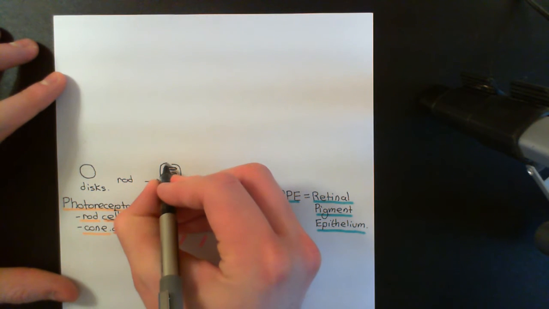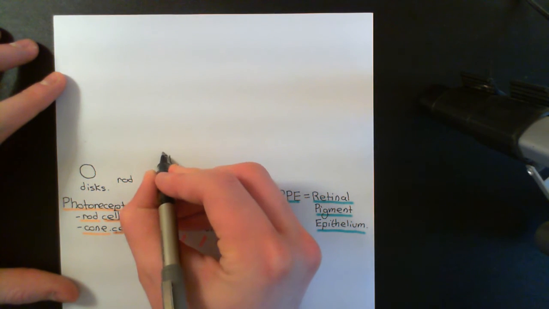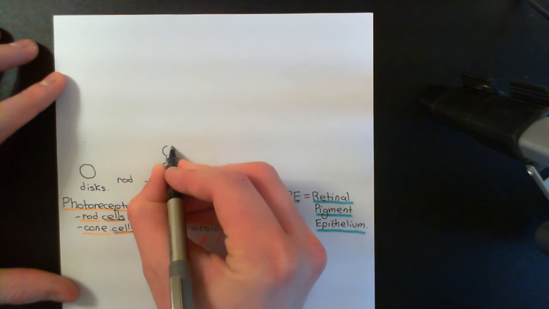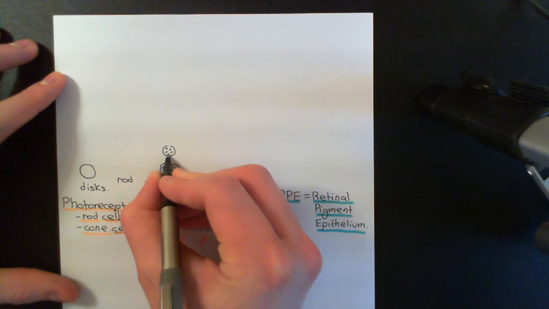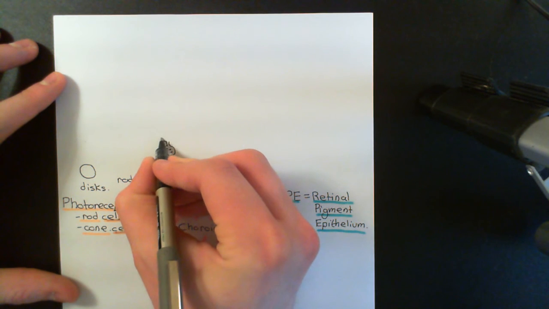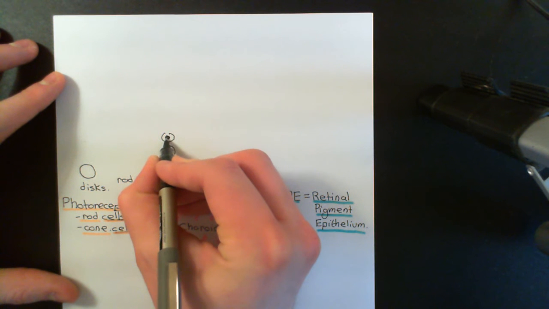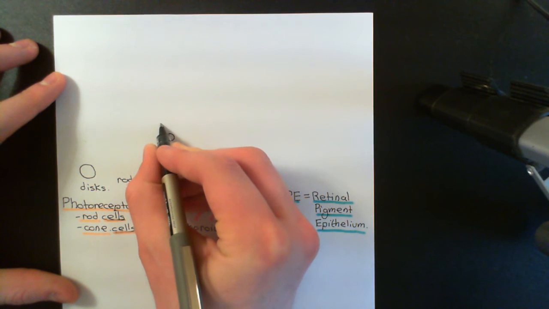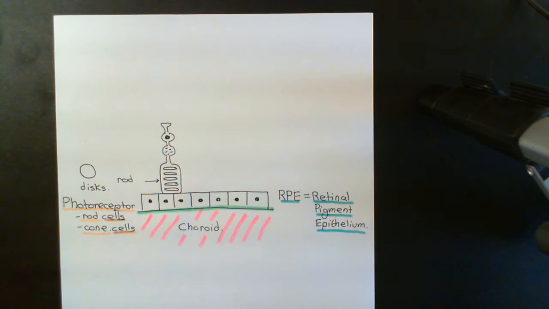Then the rod cell will go up like this, so it's got a little connection to a portion here which will contain lots of mitochondria, so I'll just draw these as little black blobs there, to represent the mitochondria. Then we've got another little stalk to the bit where the nucleus is, so here is the nucleus, and then it will have an ending here where it will synapse onto the next cell along, which will be a bipolar cell.